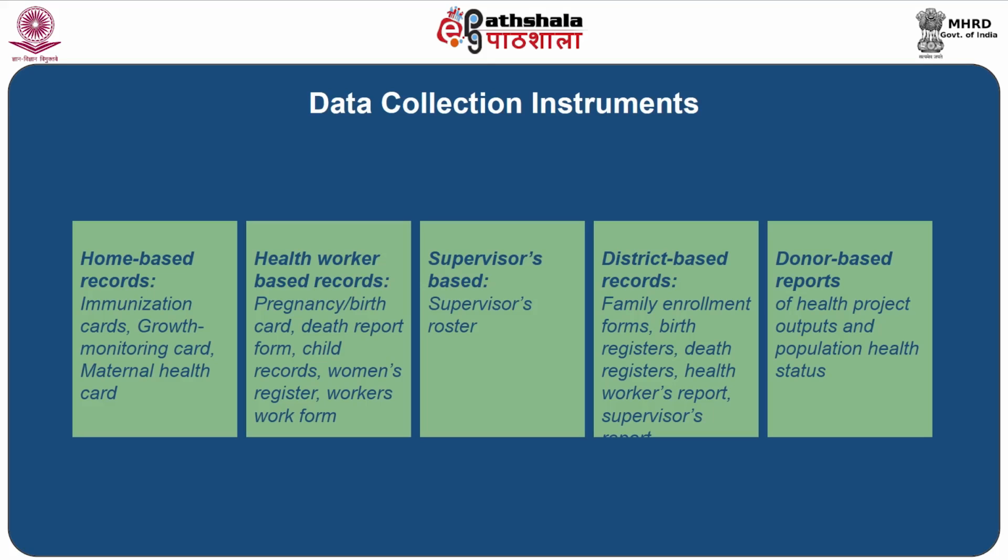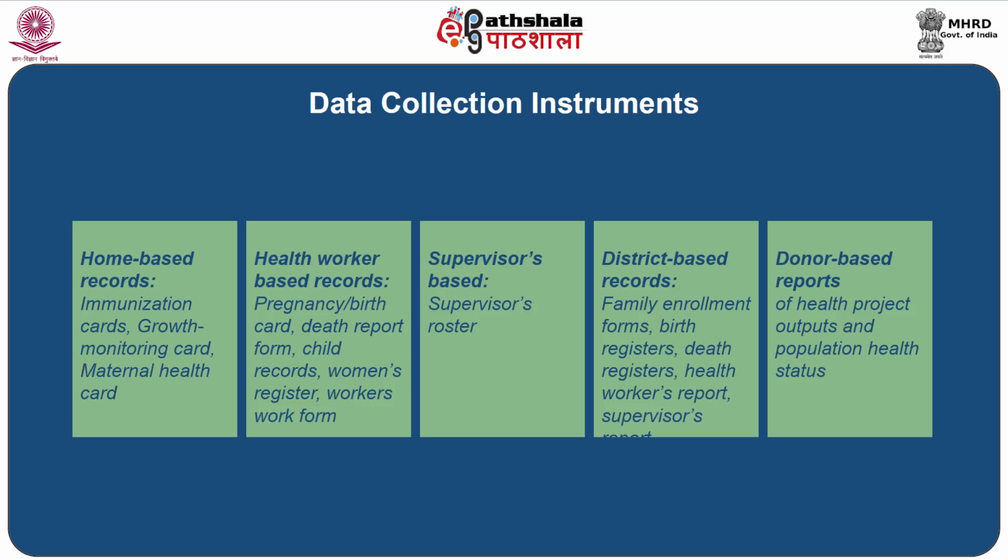Some of the other data collection instruments could be home-based records like immunization cards, growth monitoring cards, etc. Health worker-based records like the pregnancy or the birth card, death report, child record, women's registers, women work form, etc. Supervisor's roster can be another instrument for data collection.